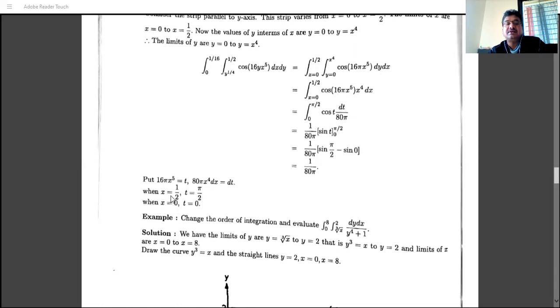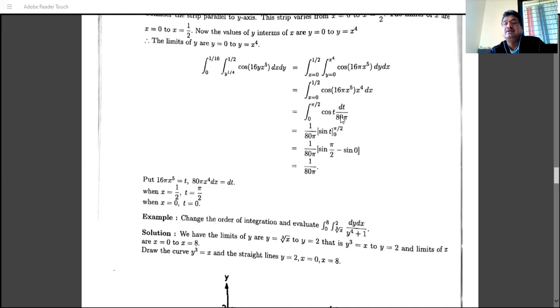As x tends to 0, if we substitute x as 0, then t is also 0. And if we substitute x as 1/2, then (1/2)^5 is 1/32, and 16 pi by 32 means pi by 2 as the upper limit. So as x tends to half, t tends to pi by 2. So the limits are 0 to pi by 2.